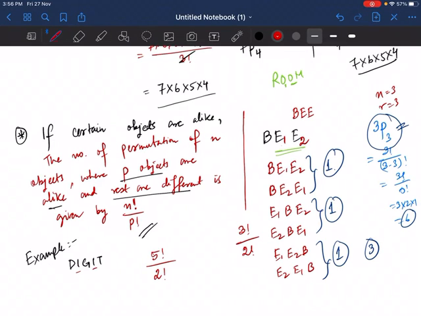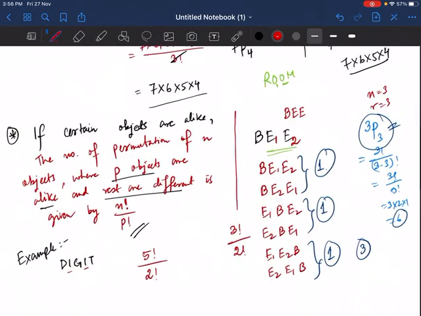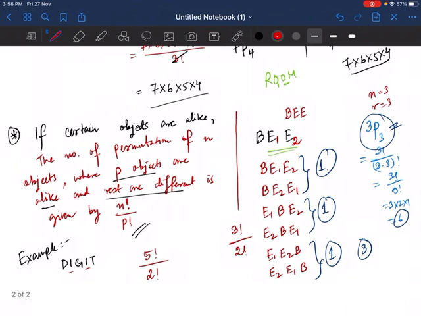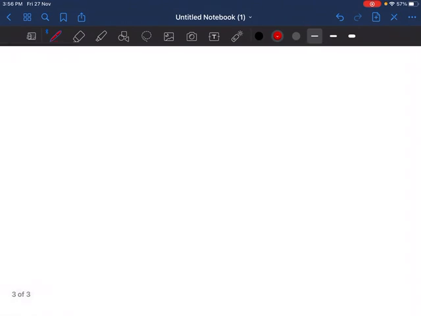Okay. Now there is one last portion of permutation, and it falls under the criteria that objects are alike. So let me go to that last portion. Let's write down.